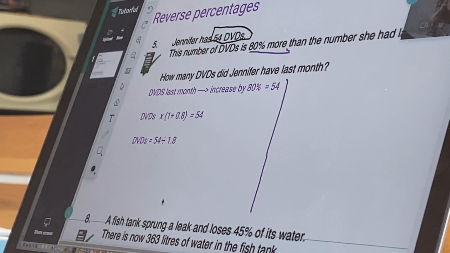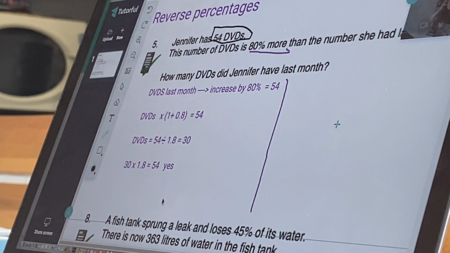So we divide through by 1.8, and if you do that in your calculator, you should get 30. Which makes sense, because if I put that back in, does 30 increased by 80% equal 54? Yes, it does.